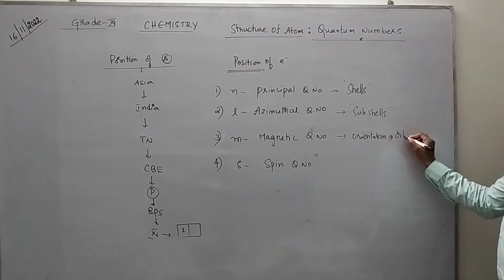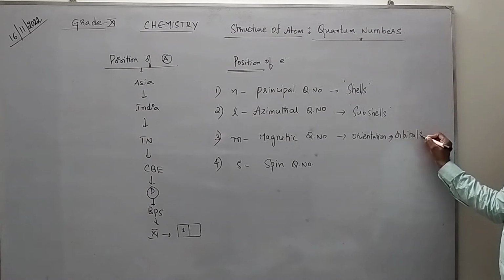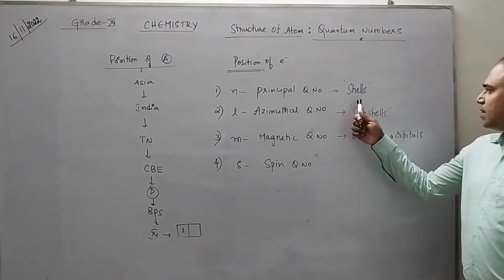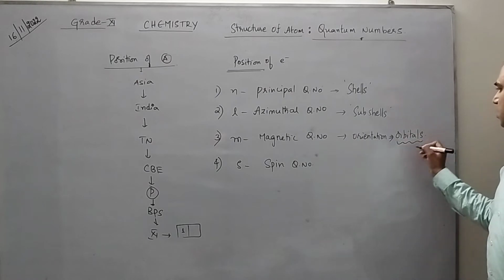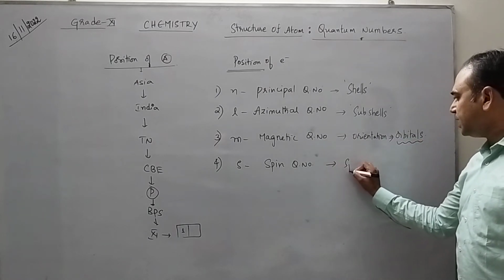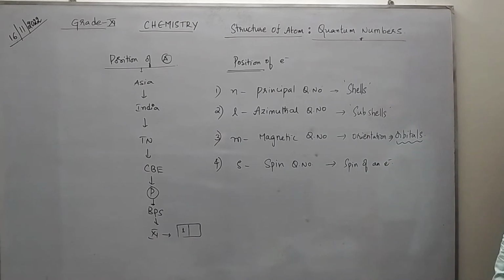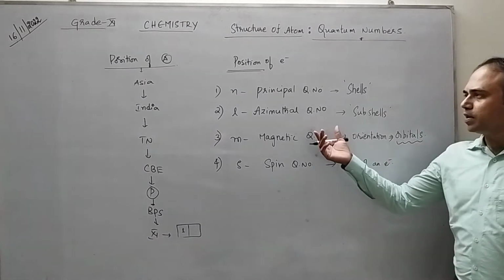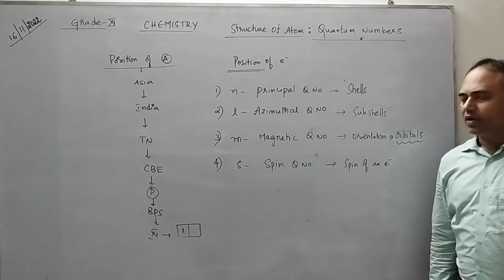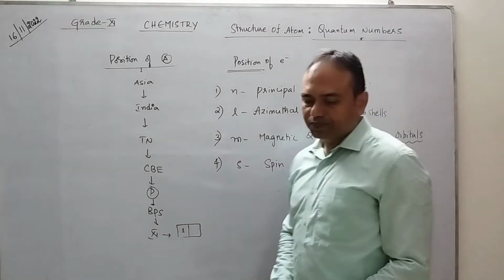In other words, we can say that orbitals. So shells, subshells, orbitals, and the last one will indicate the spin of an electron. So this is a summary about your types of quantum numbers. Now let us see one by one.